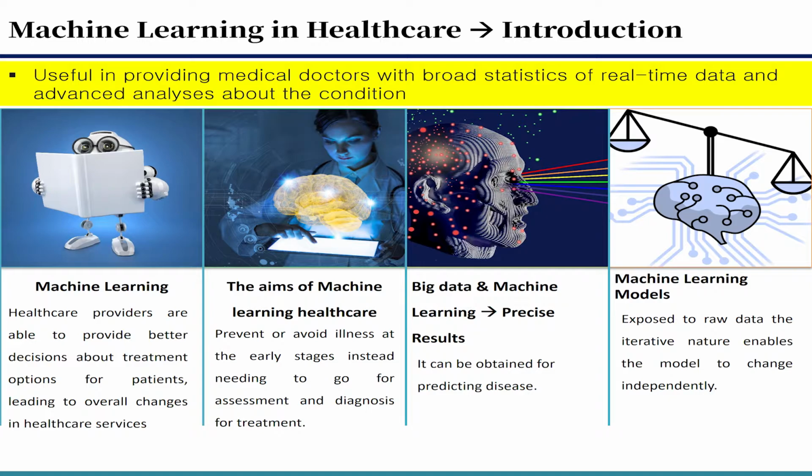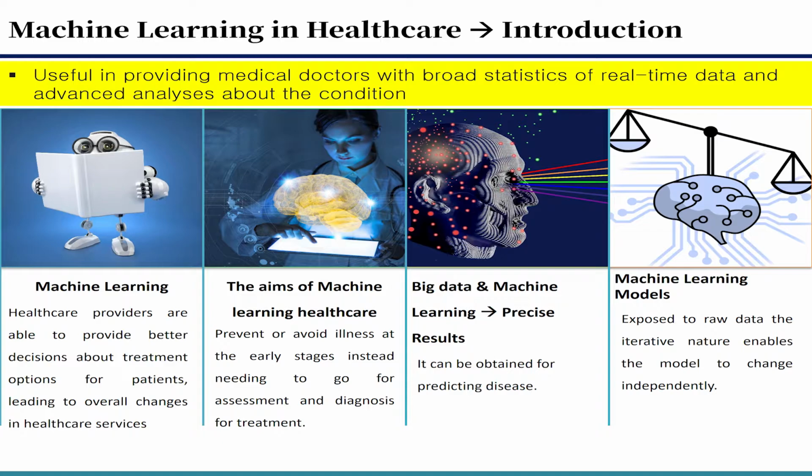The main aim is to predict any possible disease going to happen based on the data, and prevent that illness before it happens, before it goes into the danger zone, so that it can be avoided from reaching an advanced stage. In the early stage they get the prediction, and according to the early prediction they can do the treatment. So that is the main aim of machine learning in healthcare.